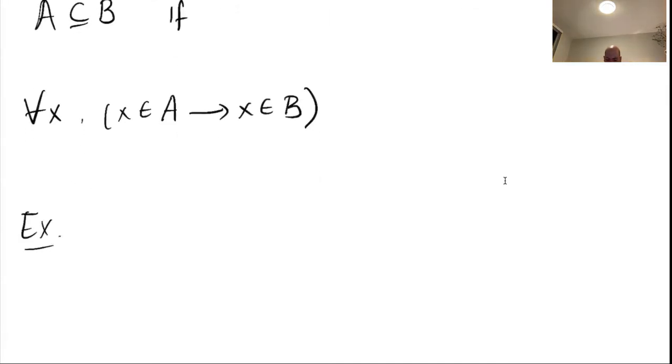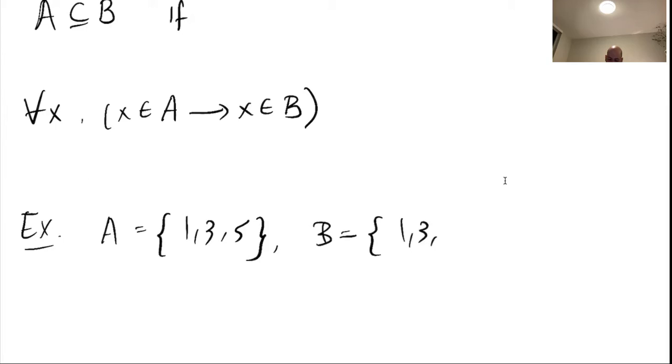So let's look at an example. Let's say if I define A equals 1, 3, 5, and B equals 1, 3, 5, 6, 7, then A is a subset of B, right?